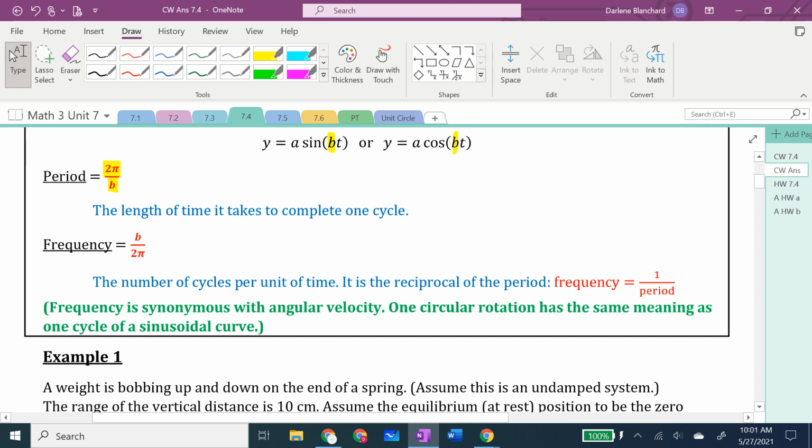Angular velocity is looking at how much I turn per unit of time, and one full rotation would be one cycle. That would be the same thing. So if it takes me 1 second to make 5 rotations, that's telling me about a frequency.